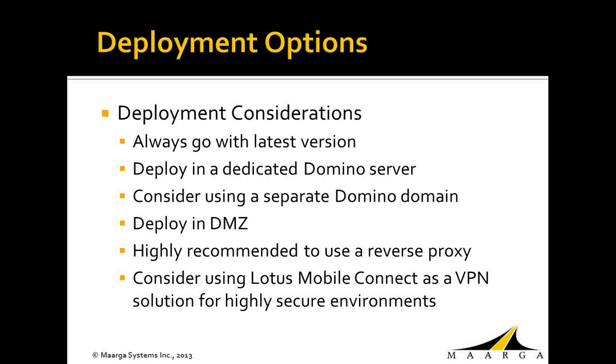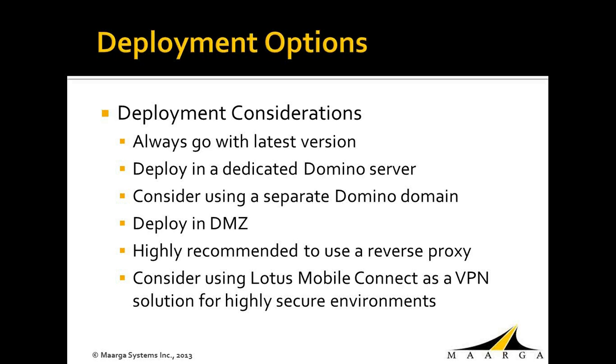So in this way, your entire Traveler server has no dependency on your primary production Domino domain. And if you want to upgrade your Traveler server anytime, you can do it without any hesitation. You can upgrade the Traveler server to whatever version you want, or you can downgrade it to whatever version you want, without worrying about any impact on your production Domino environment.